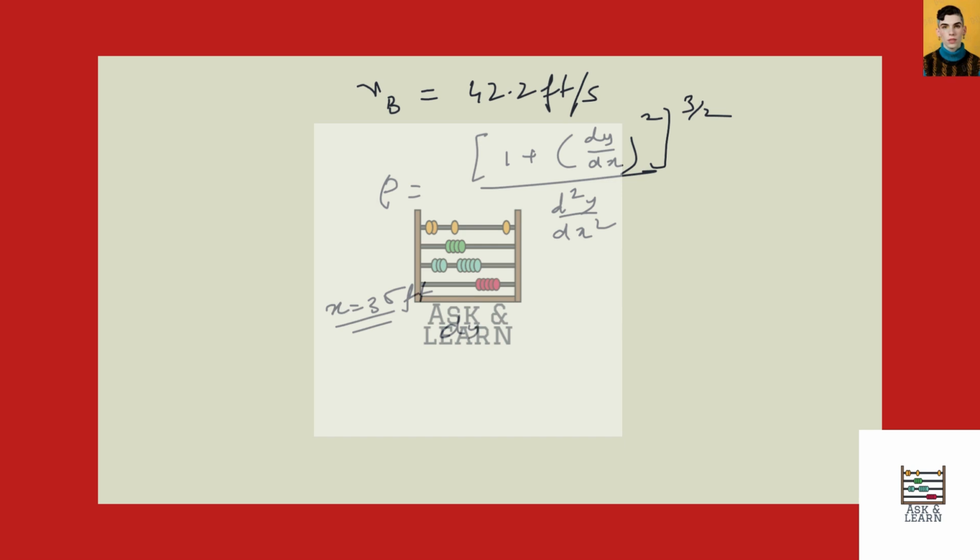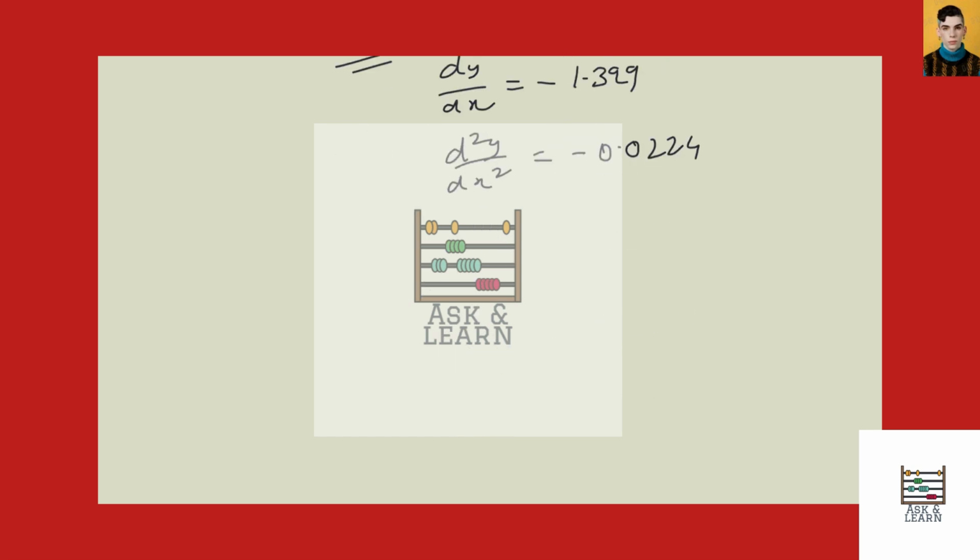This gives you dy dx, which will be minus 1.399, and d2y dx square equal to minus 0.0224. So the radius of curvature rho evaluates to 227.024 feet.